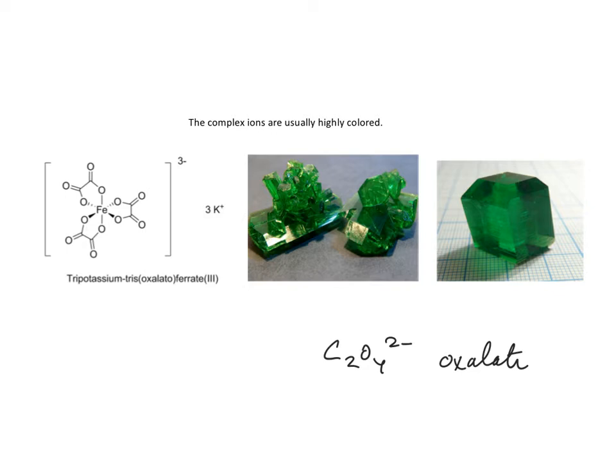and there are 2 sites per molecule that bind into the iron 3 minus metal ion, and it's the lone pair electrons on the oxygens that donate into the d orbitals on the iron. So it's an interesting compound because of the bidentate nature of it.